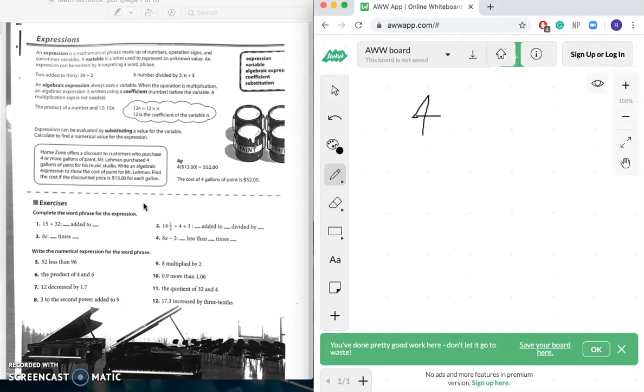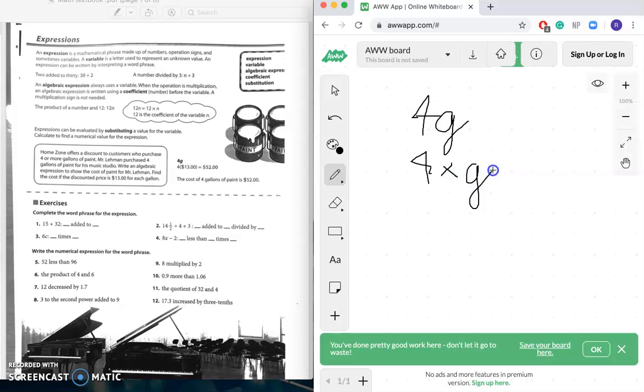So, algebraic expression means it's a math expression that uses both numbers and letters. So we know that each gallon costs $13. How do we find out what expression we need to use in order to find out how much he paid altogether for 4 gallons of paint? Well, we can do 4g, g for gallon, which is basically the same thing as 4 times g, remember?